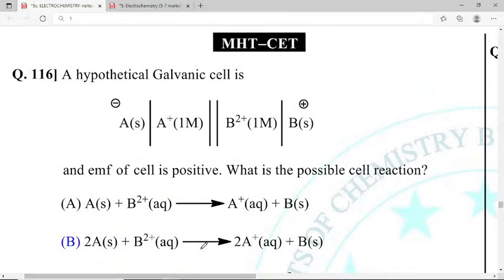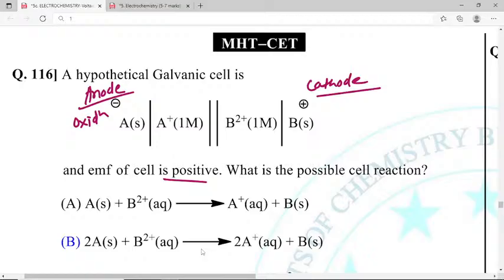I think it is the same question again. Question number 115, 116. A hypothetical EMF cell is positive. Same question: what is the possible cell reaction? This is the anode, anode oxidation. This is the cathode, cathode reduction.